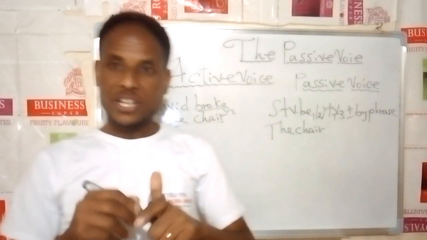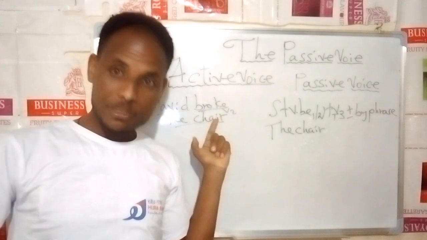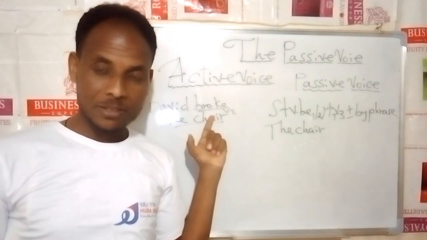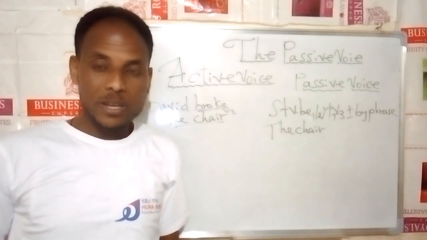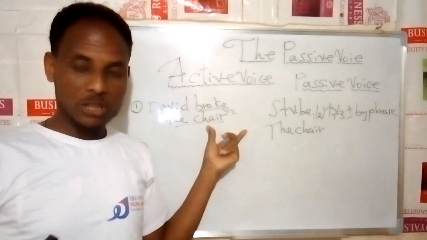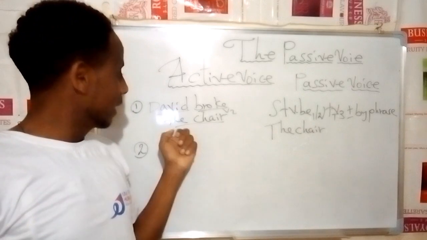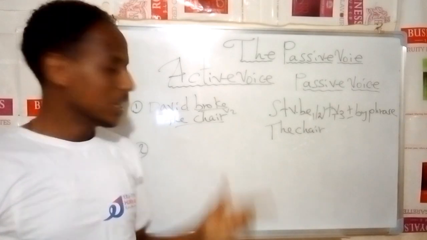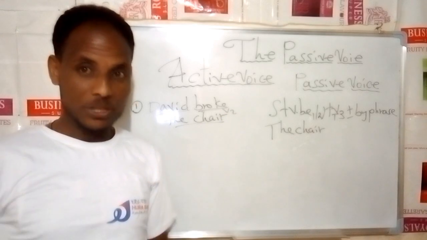We always change the active voice into the passive voice if and only if the verb in the active voice is transitive. A transitive verb is followed by an object. It does not require a preposition. It is always followed by an object or a direct simple object, not a preposition. Here the chair is an object. So the transitive verb is always followed by the object.